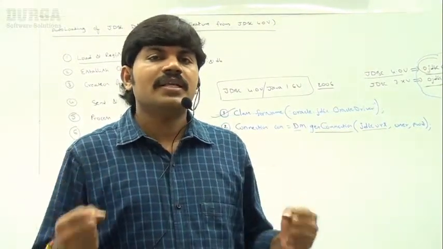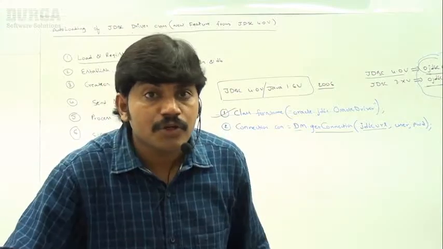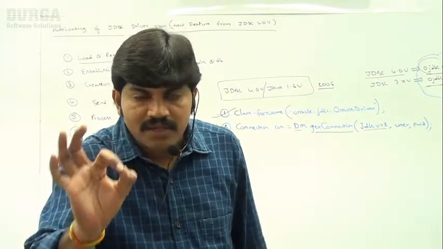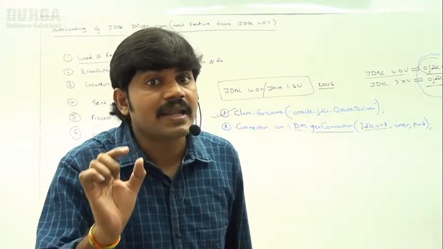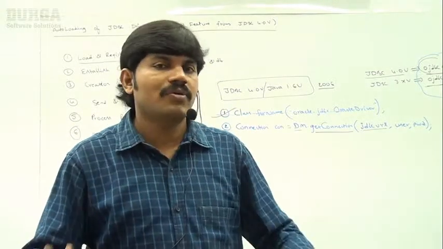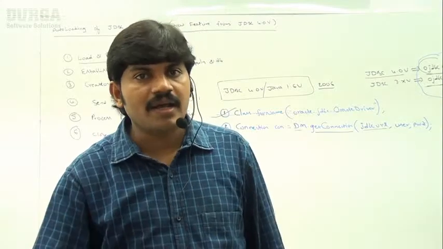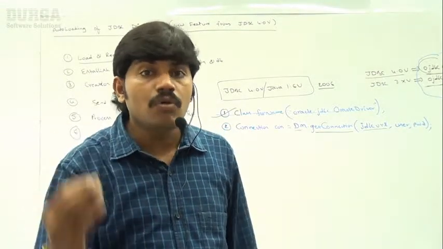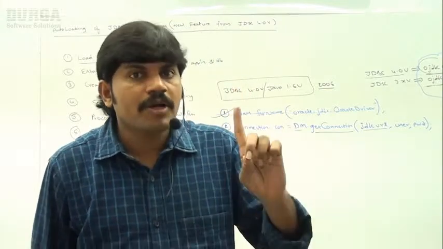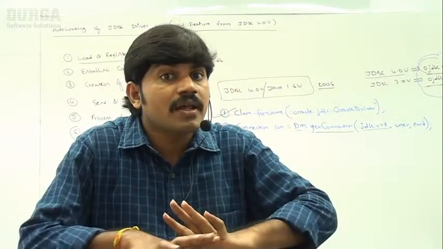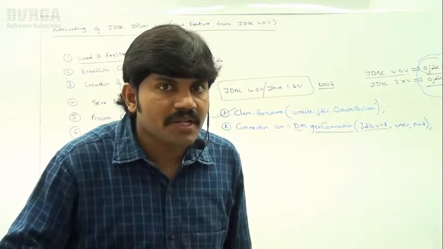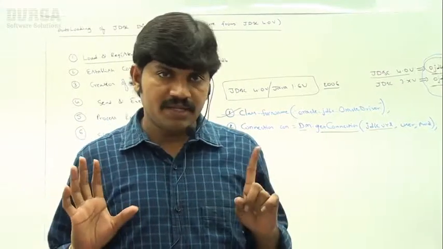Sir, what extra thing is there in the new jar file where auto loading is supported? In that jar file, one driver file is available. From that driver file, the class loader will identify the driver class automatically and load it, right? That's why from JDBC 4.0 version onwards, we are not required to load a driver class explicitly. Automatically it will be loaded. Clear for all of you, right?